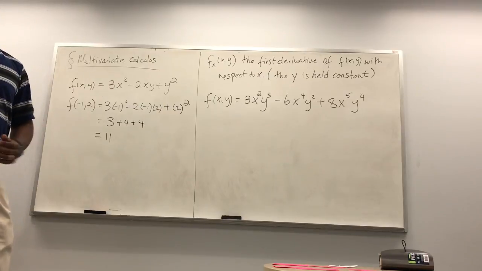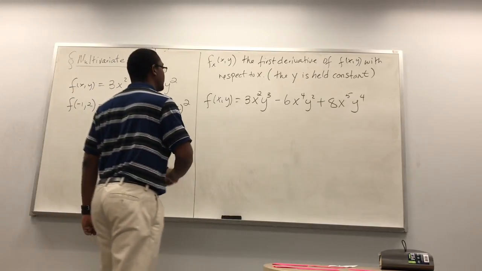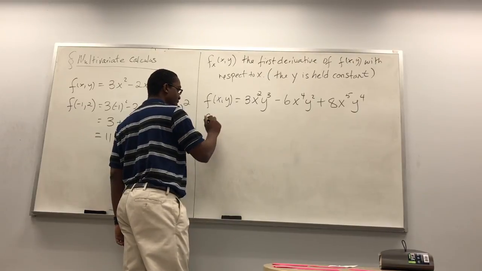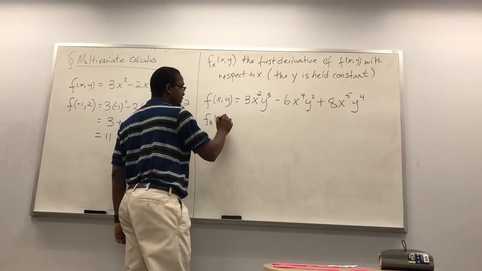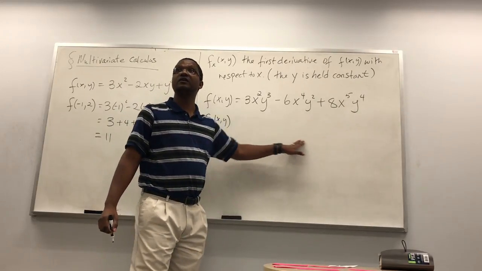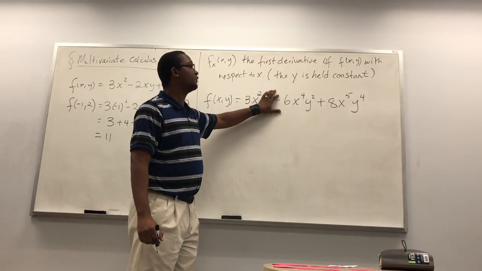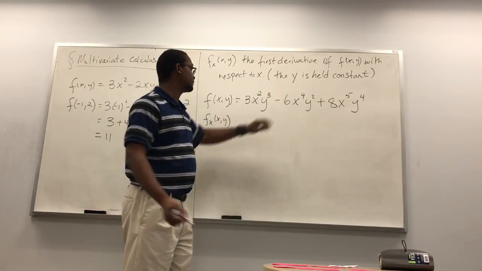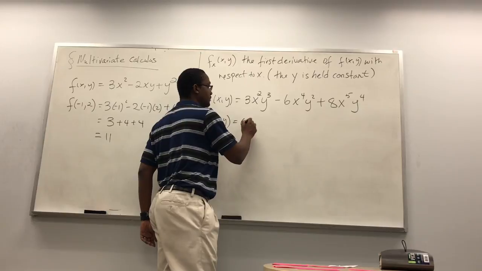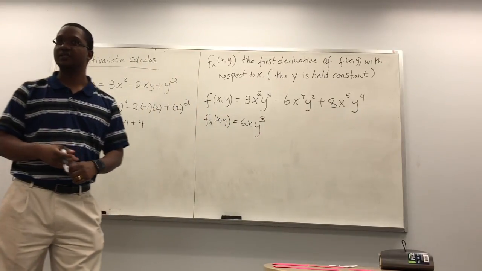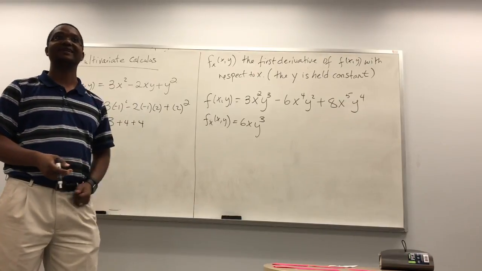So with this right here, if I want to take the derivative with respect to x, so I can find f sub x of x, y right here, what happens is you simply ignore the y's for now. And so right here, what's the derivative of 3x squared? 6x. And so this is simply going to be 6xy cubed. See what I did right here? I held y as a constant, and because y is a constant, you just multiply by a constant at the end.